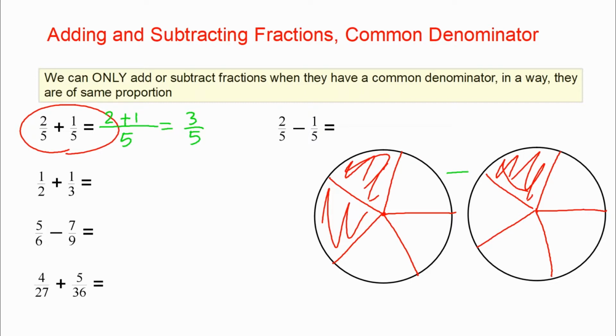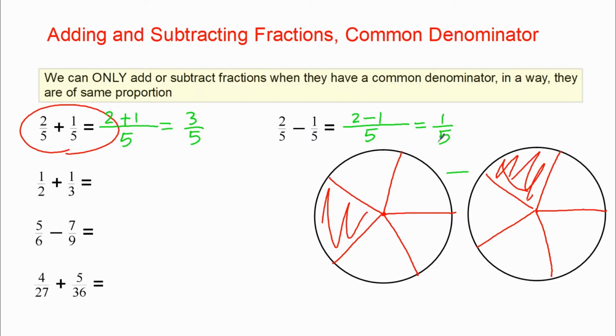So taking one part off means that I need to clear that. What is left after that, as you can see, is just 1 over 5. So again, the denominator is the same, but at the top we have the numerators, 2 minus 1, which is 1 over 5 as an answer.